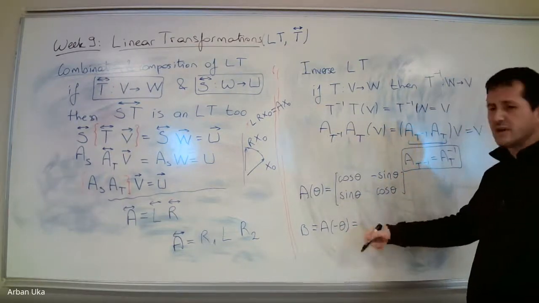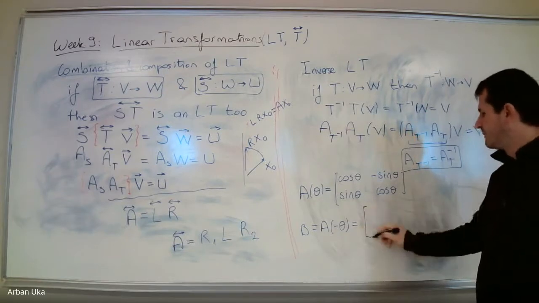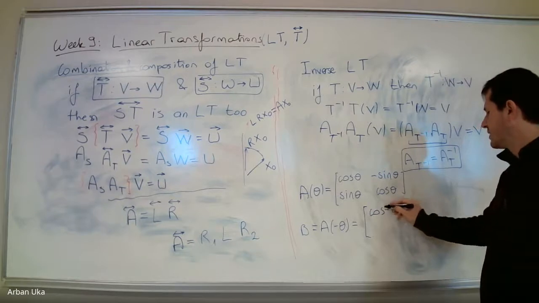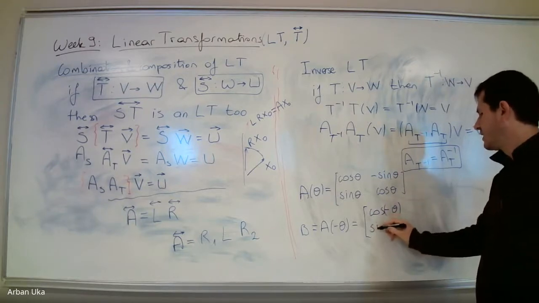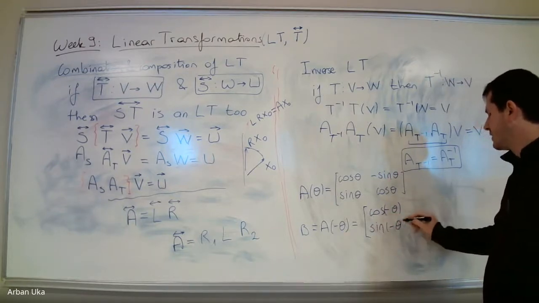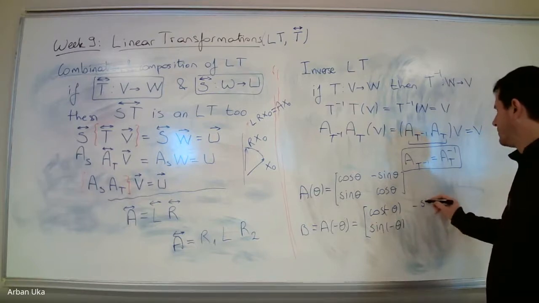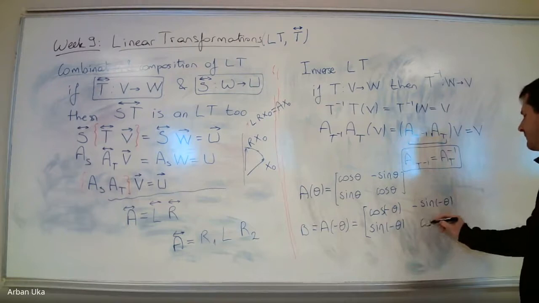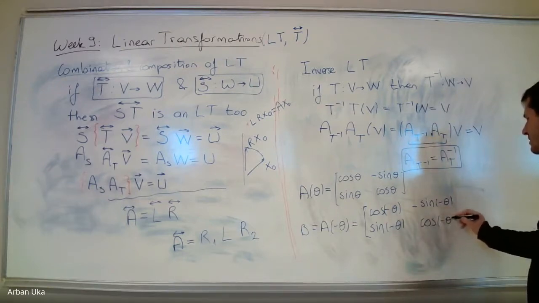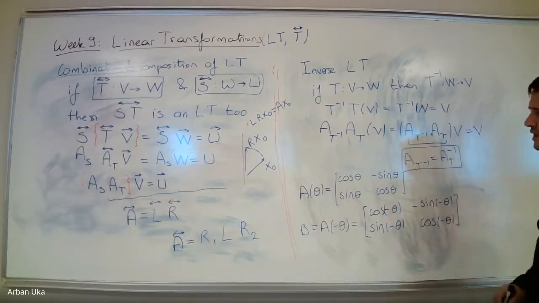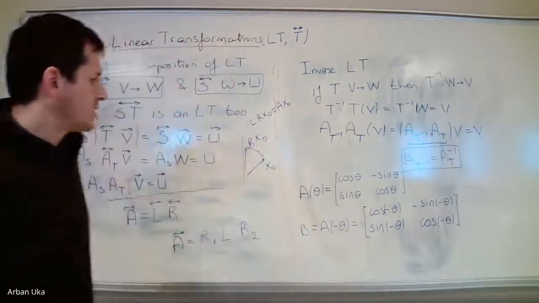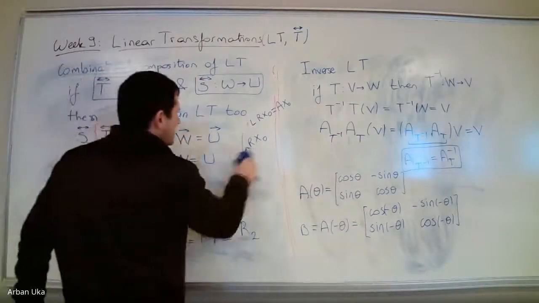This would mean the rotation by a different angle: cosine minus theta, sine minus theta, minus sine minus theta, and cosine minus theta. We have no doubt this is true, so this is the inverse rotation matrix.